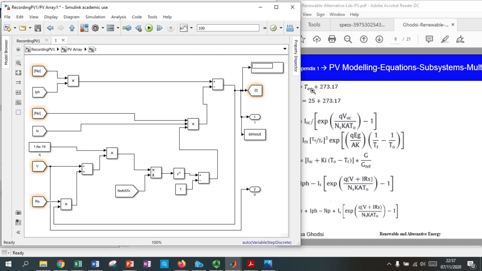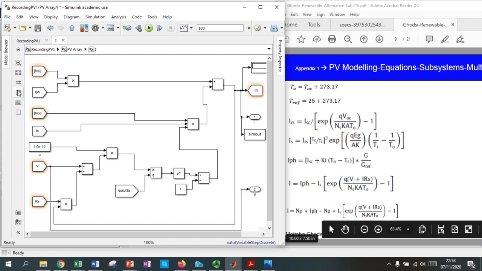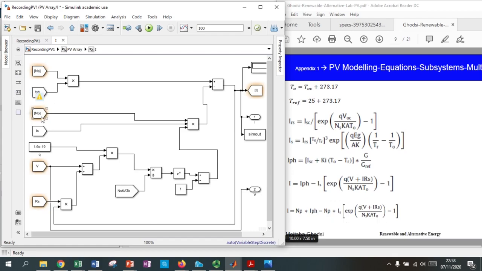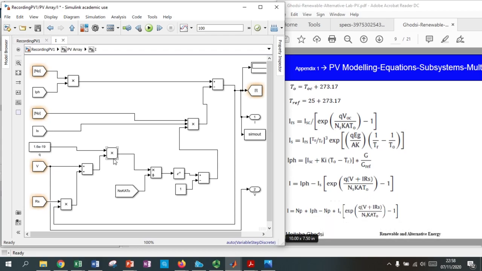Just to check whether this is correct or not, we can find here that I is equal to NP IPH minus NP IS multiplied to Q multiplied to V plus IRS divided by NSKT, then e power this expression minus 1 multiplied to IRS.